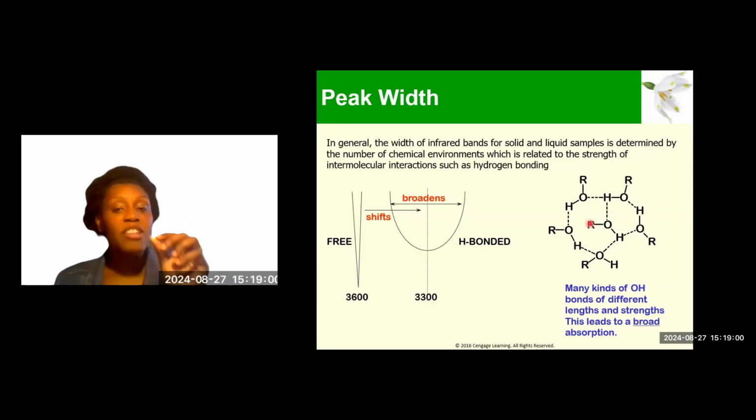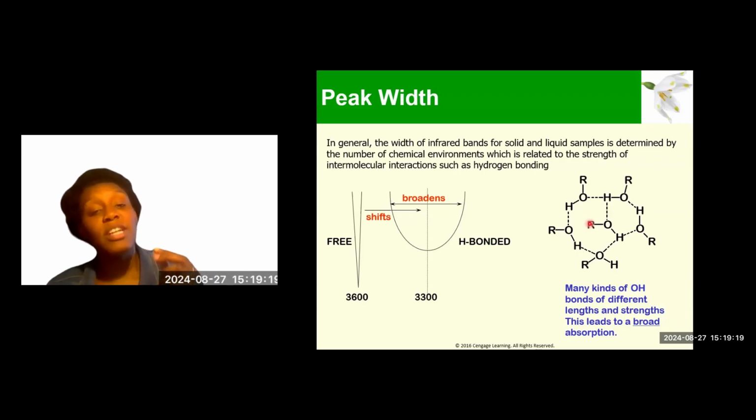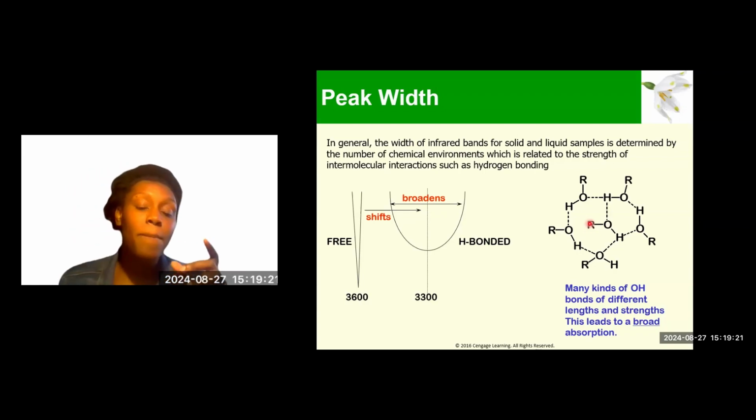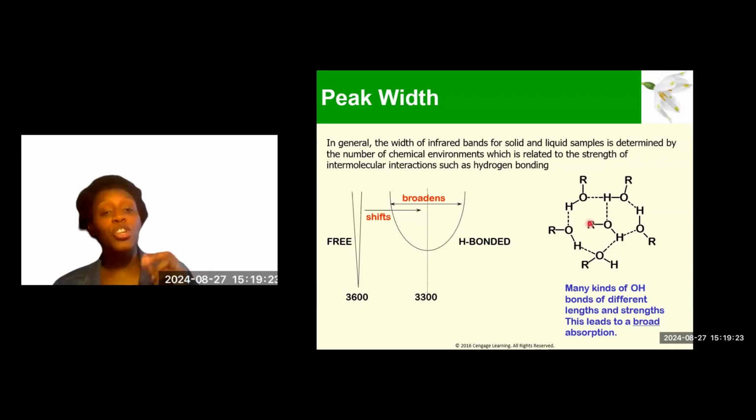So things such as OH groups and NH, nitrogen-hydrogen bonding, we know that those create hydrogen bonding. Whenever you have an oxygen or a nitrogen, they create hydrogen bonding. So whenever you have those two functional groups, often you're going to see that your bands are broader.